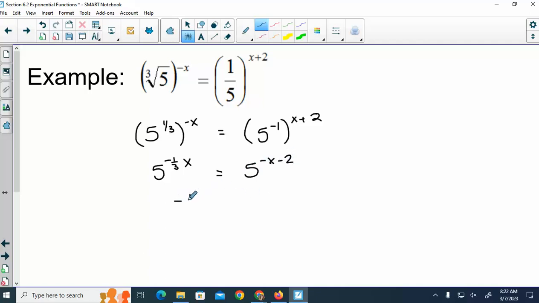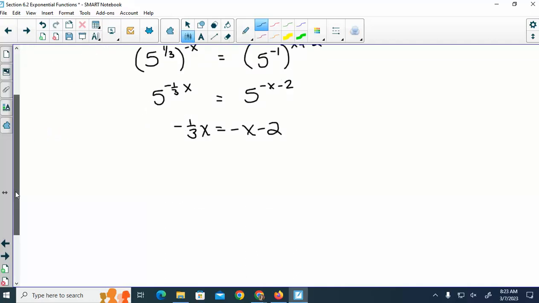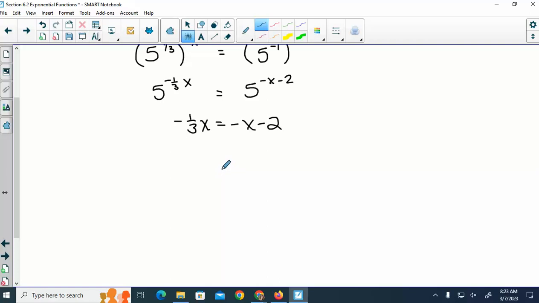Then we can set the exponents equal to one another. So if I'm solving for x, I can add my x over. Divide by 2/3, or multiply by 3/2, and we get negative.